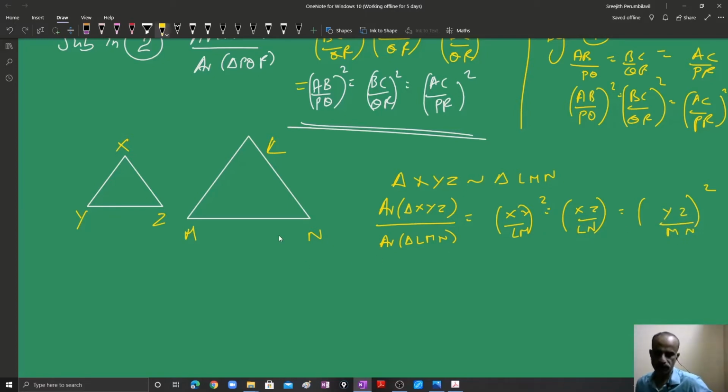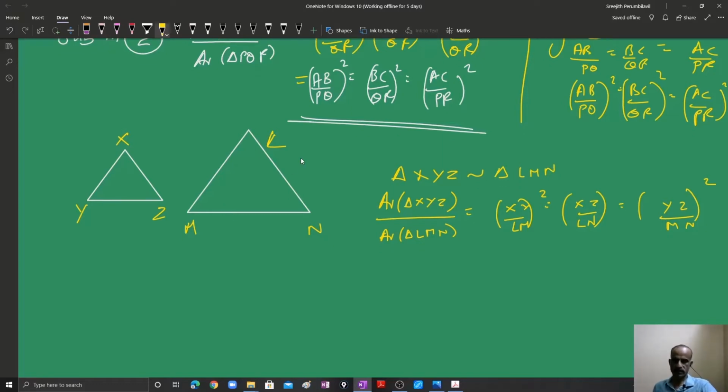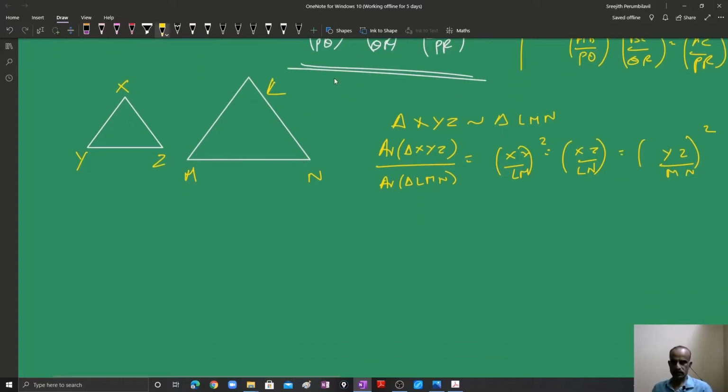We will look into the figure in one more example. Let us consider a triangle ABC with D and E on its sides.